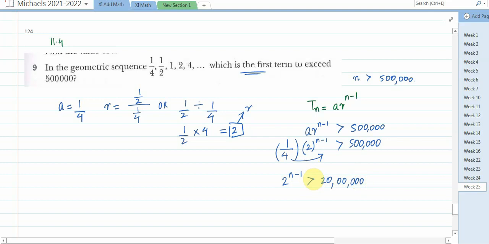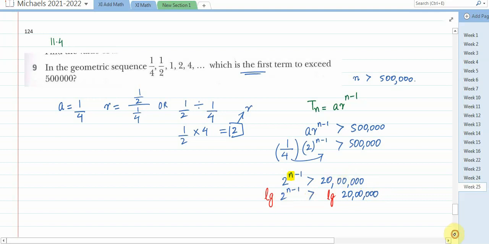Now we need to find out the value of n here. So when you have power in terms of variables, right, you can apply log on both sides. Log of 2 to the power n minus 1 should be greater than log of 2,000,000. When you have power in terms of alphabets, then there is a need to apply log.